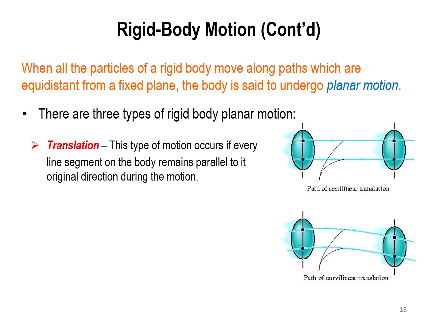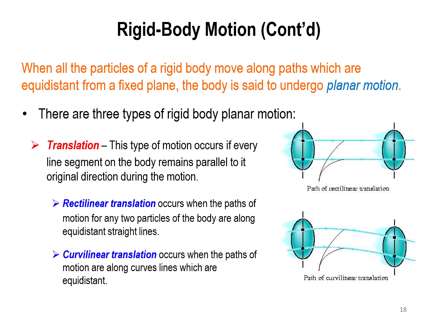The first one is translation. In this type, the motion occurs if every line segment of the body remains parallel to its original direction during the motion, like in the upper diagram. Translation can be rectilinear, which occurs when the paths of motion of any two particles of the body are along equidistant straight lines.